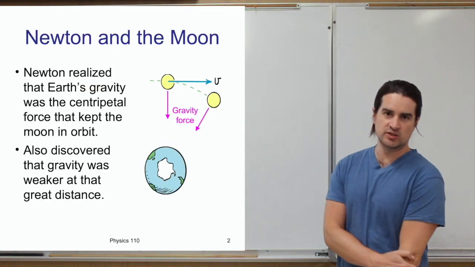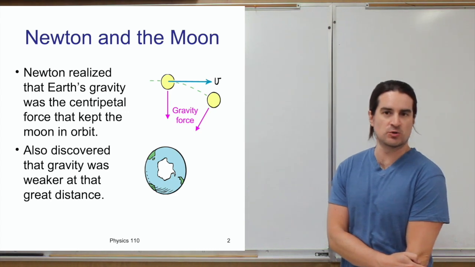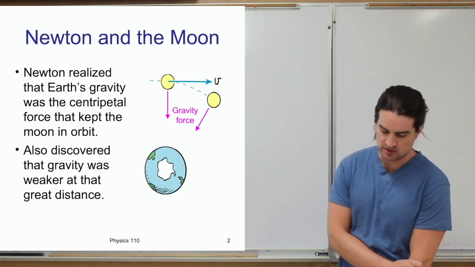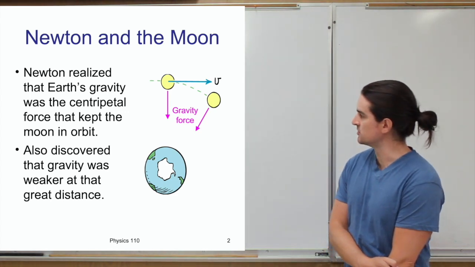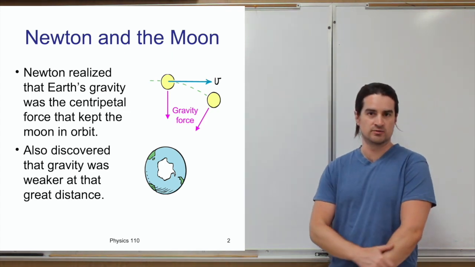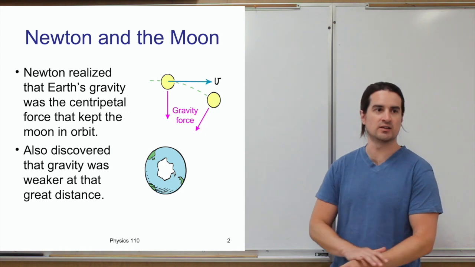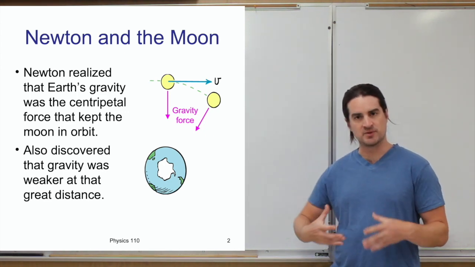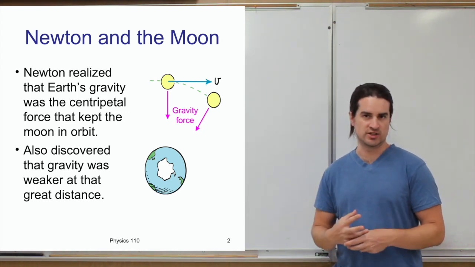One of the reasons Newton is so well thought of and known to this day is, as you might already know, his theory of gravity, or understanding how massive objects pull on each other.